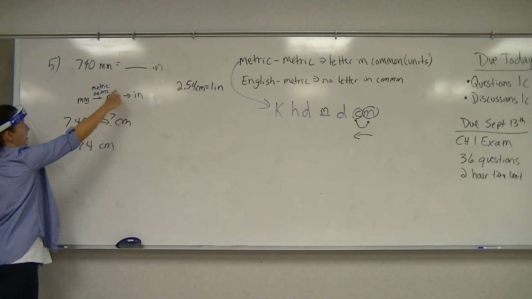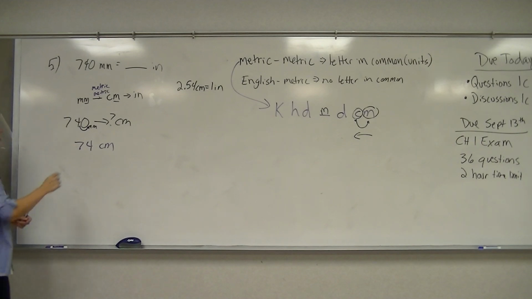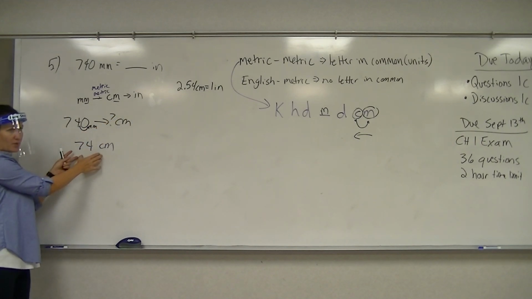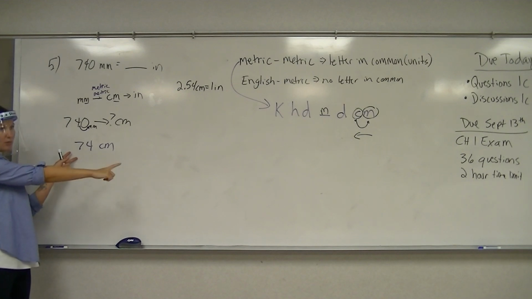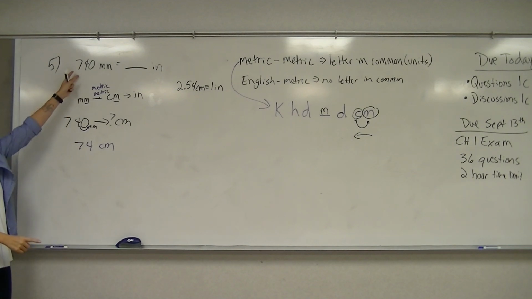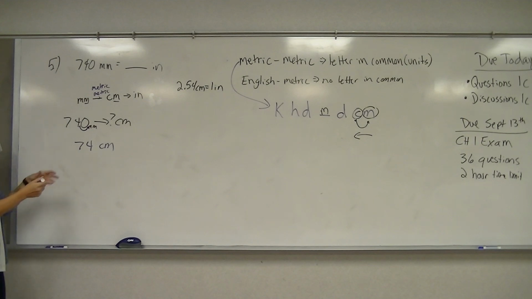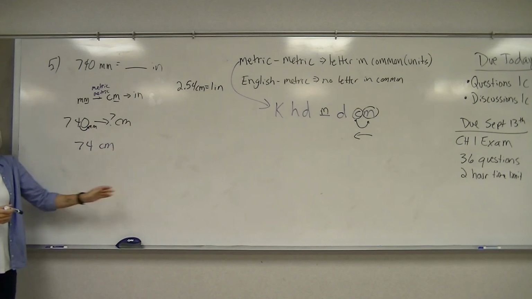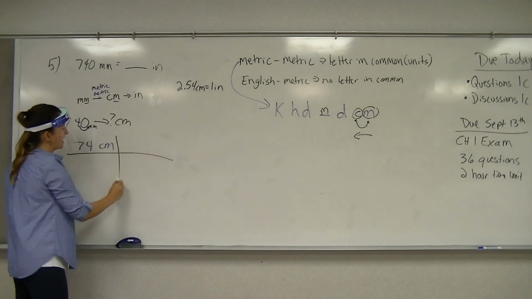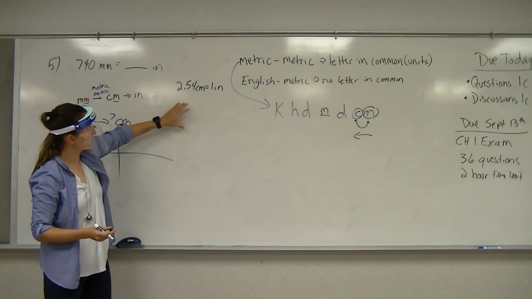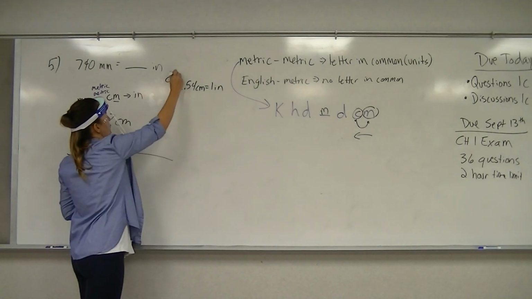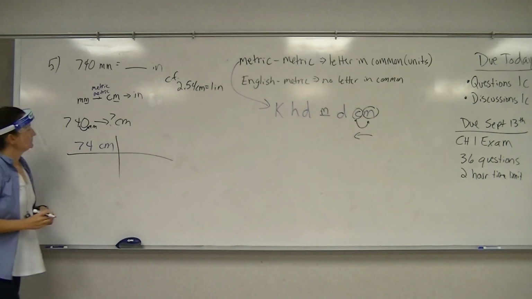So I'm now in centimeters, and I want to go to inches. So I'm going to start with this number now when I do my railroad tracks. I'm not starting with my original because the railroad tracks is just for when we have conversion factors, not just for English to metric.